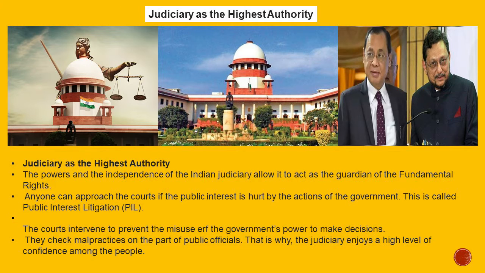The Supreme Court can definitely take that up and question the actions of the government. The court can also intervene to prevent the misuse of the government's power to make decisions on certain matters. They check the malpractices of the public officials.